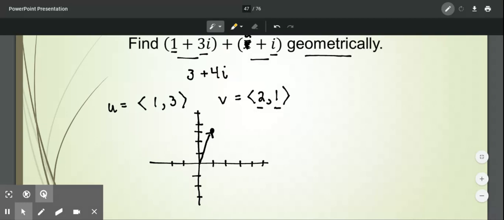So from here, if we go over 2 and up 1, then from here to here, this would be like our vector u, and this would be our vector v. So it's when you add that terminal point with 1 and connect it to the initial point. And then that resultant vector from here to here has the components 3, 4.